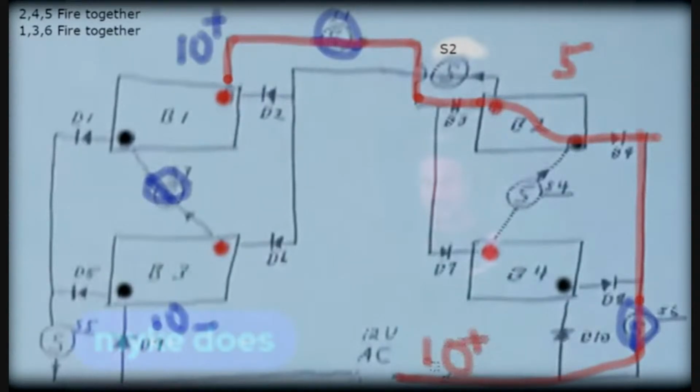It can show itself on this side of the load. At the same time, the same 10-volt positive goes down here through the other diode and the other battery, which is also a 5-volt battery, because the switch is open. They're not in series yet. So that's what I see happening there with these 3 switches closed.